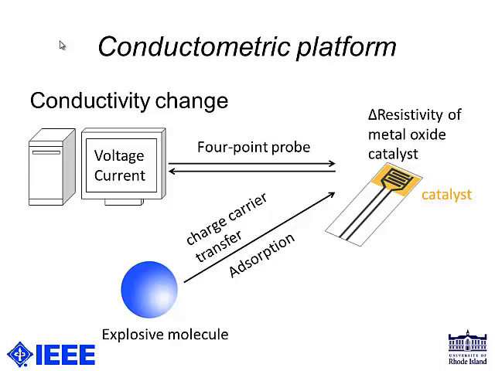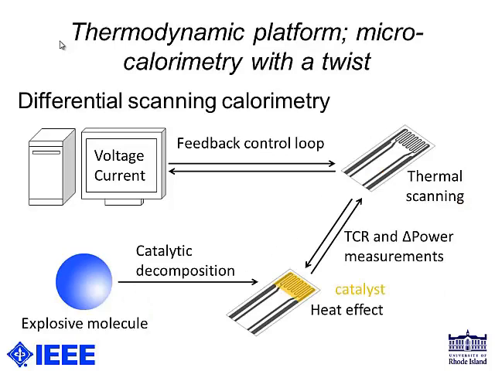That's why we introduced the second platform, which is the thermodynamic platform. It utilizes a differential scanning calorimetry technique. It has 2 core components, a micro hot plate and the same catalyst used by the previous platform. During testing, this hot plate will be powered up and maintained at a certain temperature.